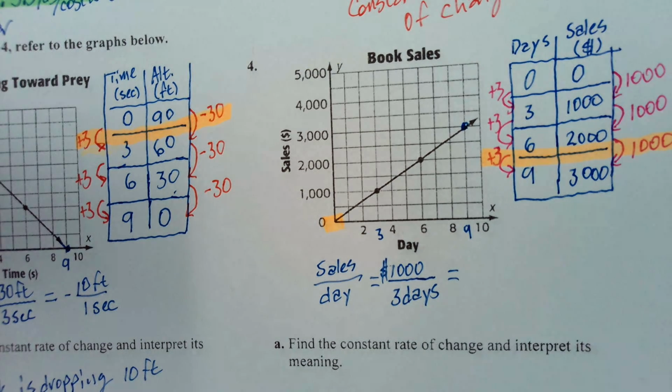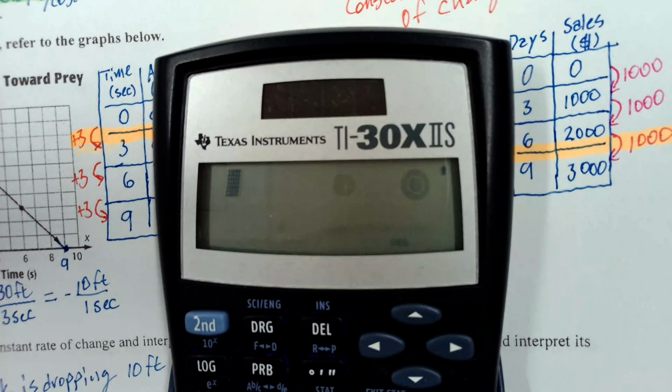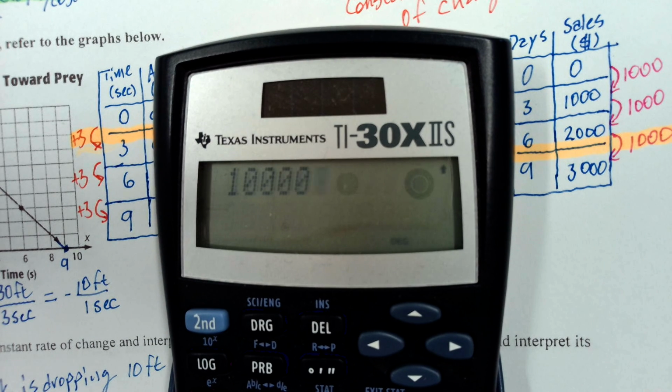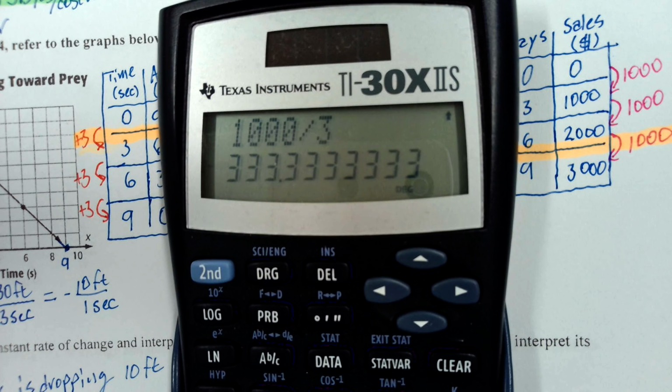Well, that's all well and good, but let's figure out how much it was every day. If you did $1,000 per day, let's see what it was per day. So we'll do a division. 1,000 divided by 3. Remembering, this is money.